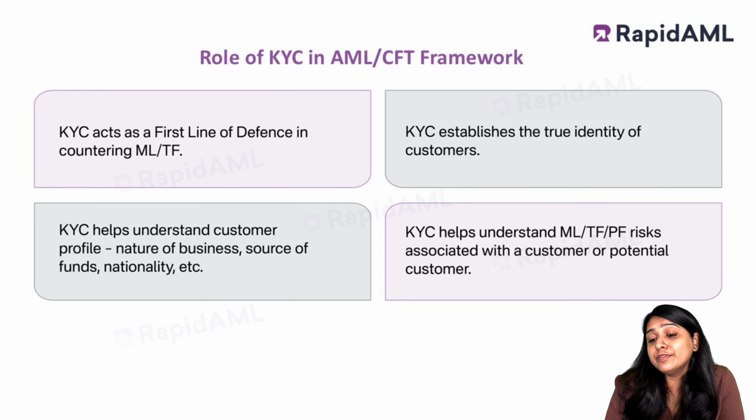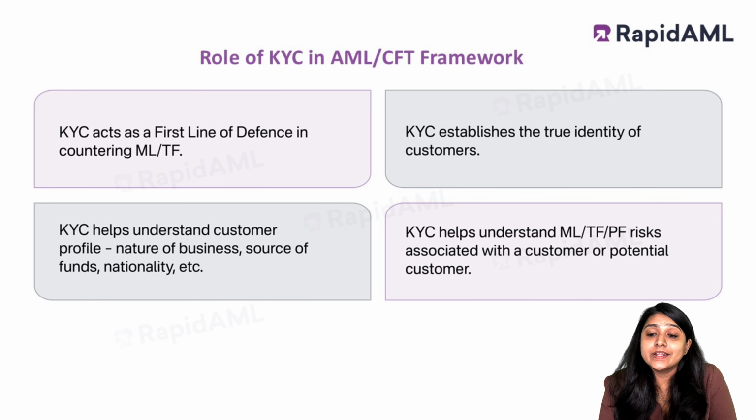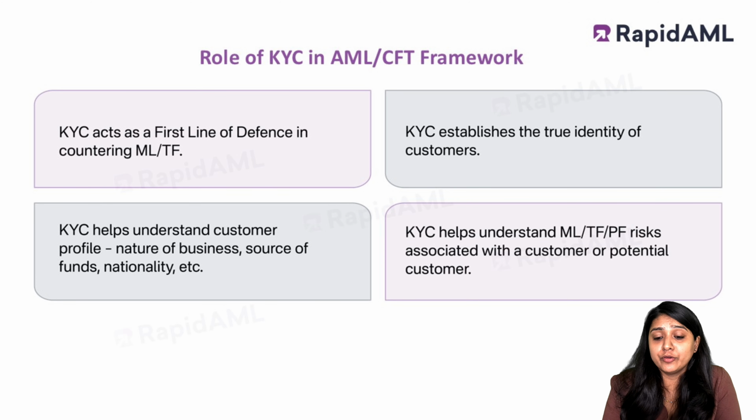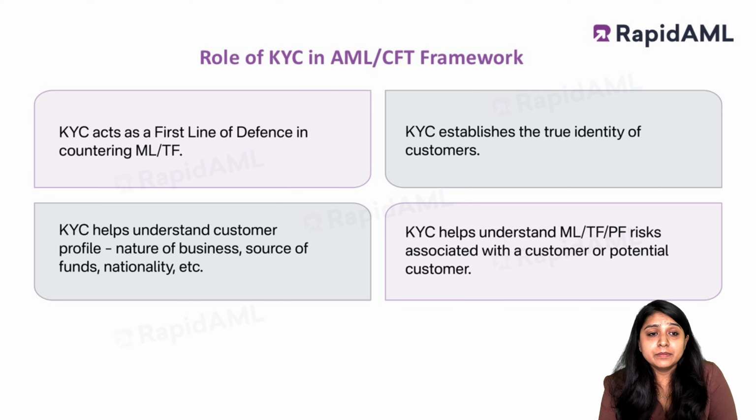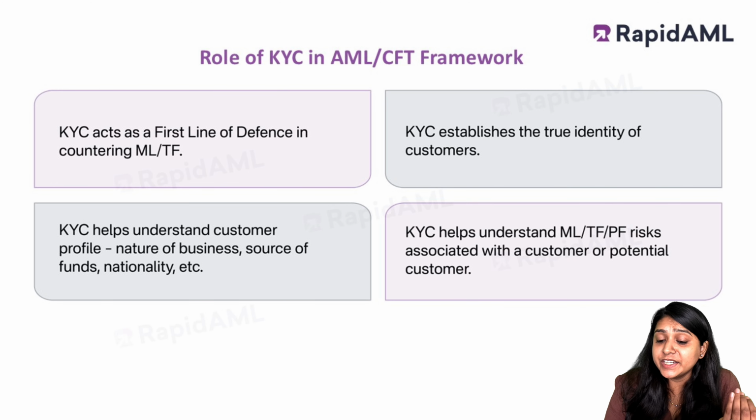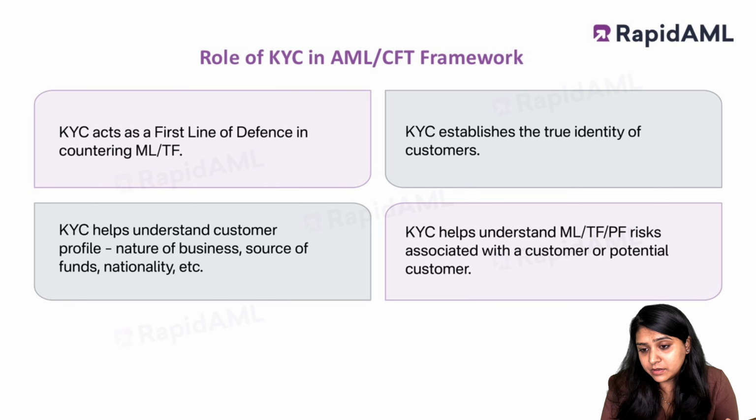That will help you understand where this company is registered and who the supervisory authority is. Once we have these ID documents in place, we will be able to screen them correctly, do their adverse media verification, and understand the risk associated with that person.